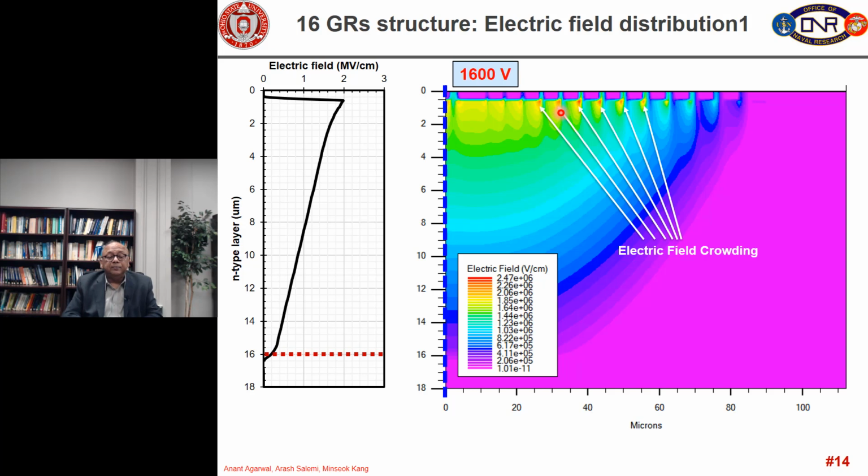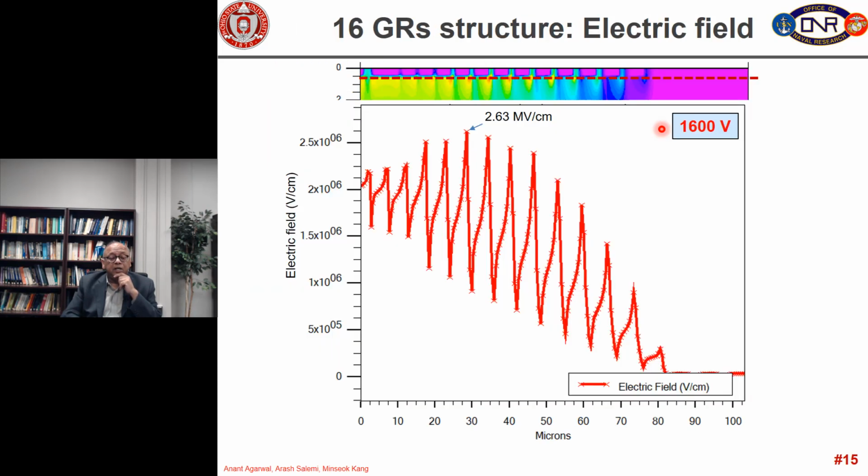So that means we have some much higher electric field here between the guard rings. And remember, for the 16 guard ring case, we were increasing the guard ring spacing from left to right. So you can see even the last guard ring has some electric field, which should not be the case.